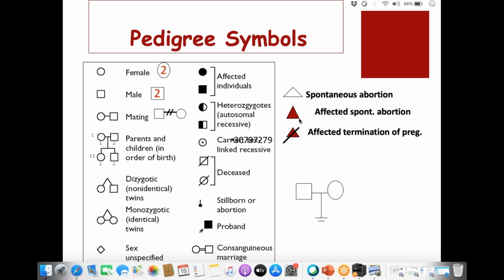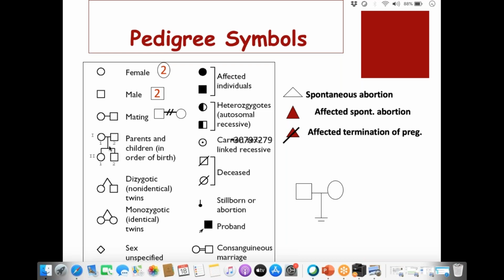When you do an ultrasound and you find out that this baby has the same anomaly that the previous baby had, but has yet not been terminated, or it spontaneously gets terminated, this will be an affected spontaneous abortion, while this will be an abortion which has been conducted medically because you know that this child is affected.